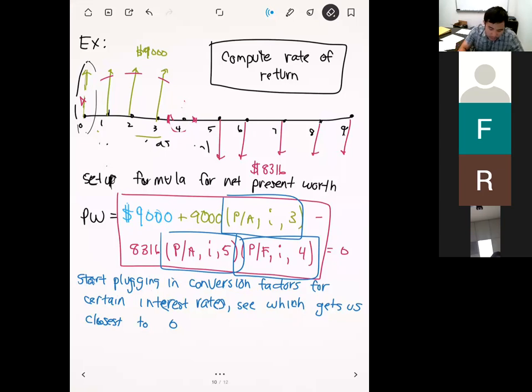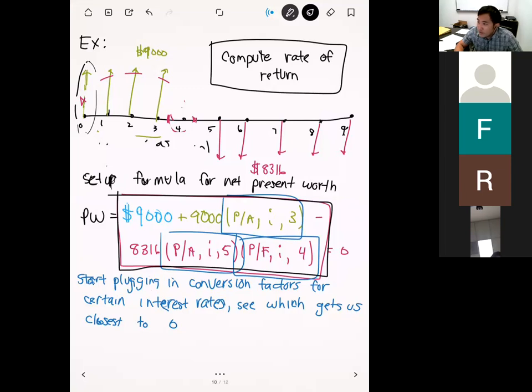In the formula on the bottom right here, you can see I have a formula for the present worth, or PW, and I've converted all the cash flows into a present sum. So you have $9,000 that's occurring at year 0, and then you have a positive $9,000 that's a uniform series from years 1 through 3.